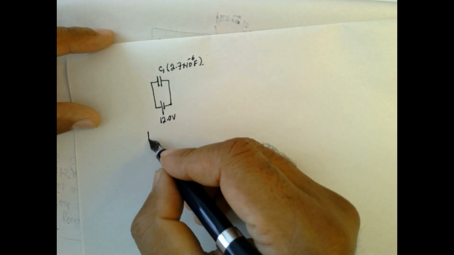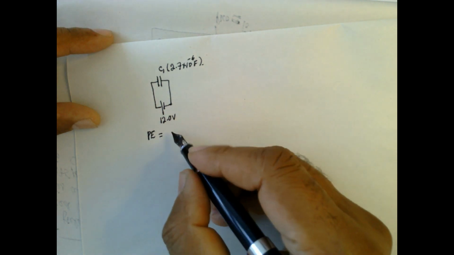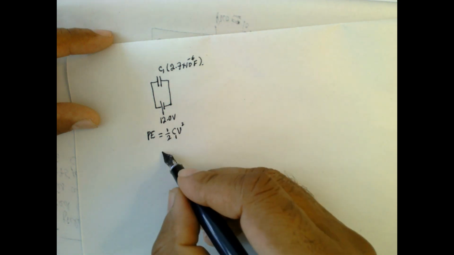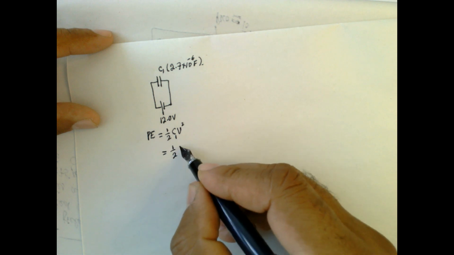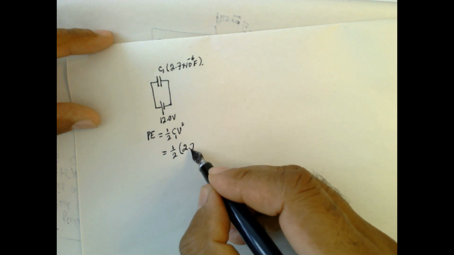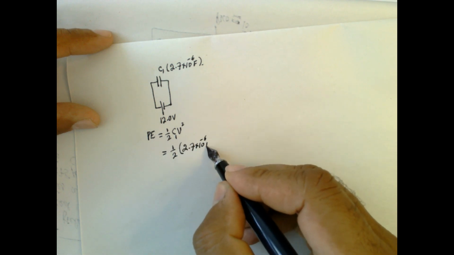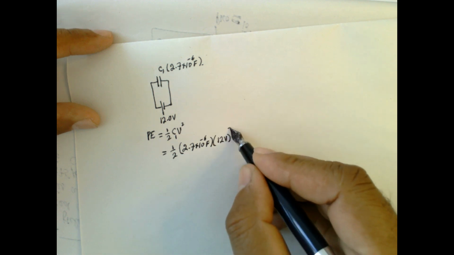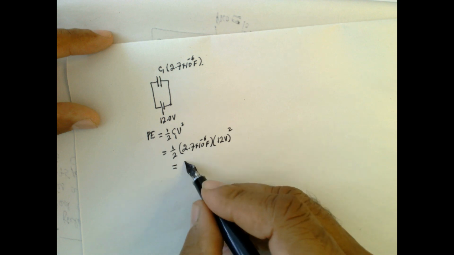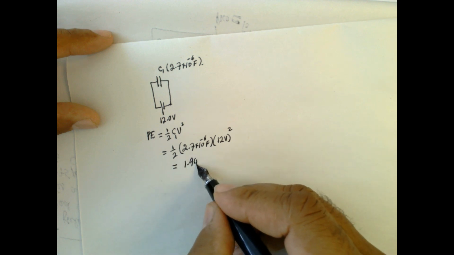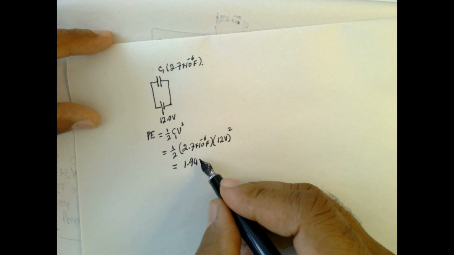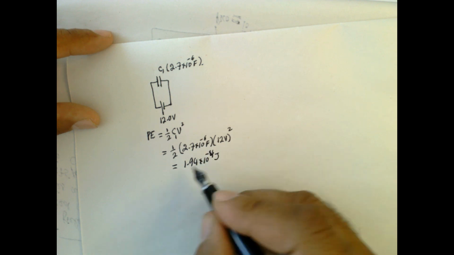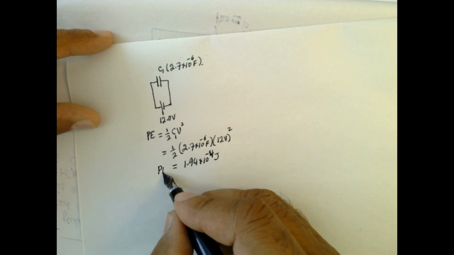So its energy, which is electrical potential energy, is given by half C1 V square, which is equal to 1 by 2 times capacitance 2.7 times 10 power minus 6 farad times voltage 12 volt square, which is equal to 1.94 times 10 power minus 4 joule, which is PE before.